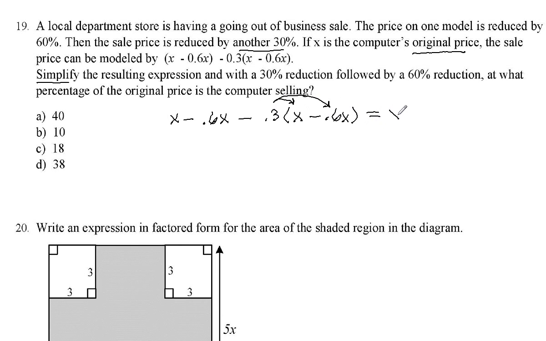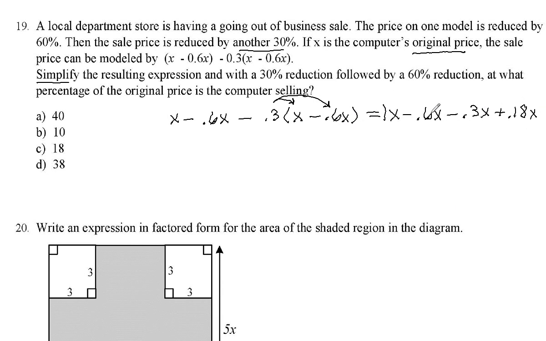So we've got out in front x minus 0.6x, and then negative 0.3 times x, so minus 0.3x, and then negative 0.3 times negative 0.6 will be positive 0.18, and then that's also times x, which is your original price.